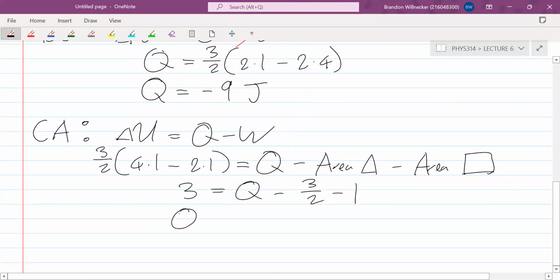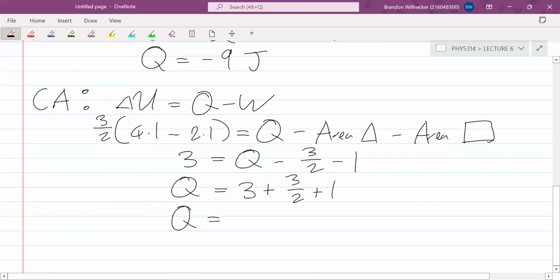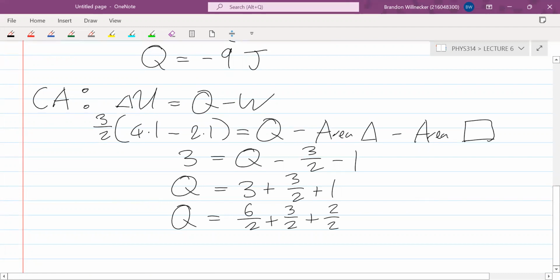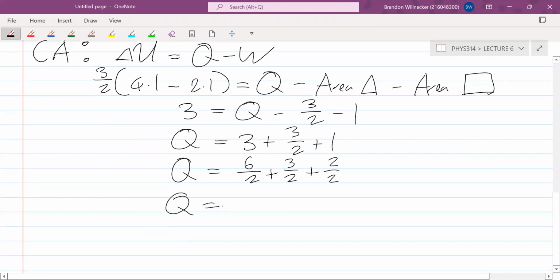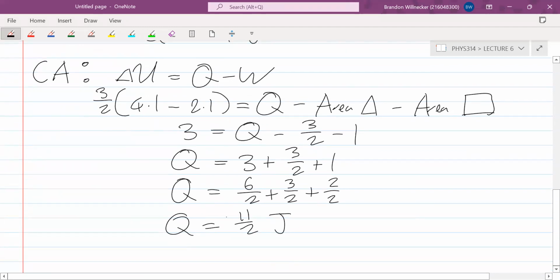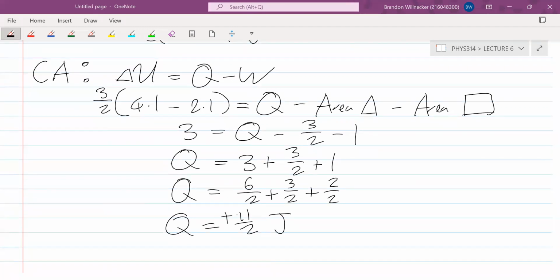So Q is equal to 3 plus 3 over 2 plus 1. We can write that as 6 over 2 plus 3 over 2 plus 2 over 2. So 6, 7, 8, 9, 10, 11 over 2 joules. And that's positive, so we are adding heat to the system along process CA.